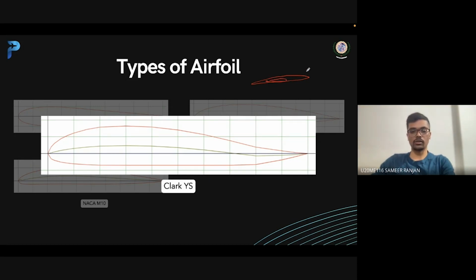As you can see, in some fighter jets there is no empennage, so no tail part. When any lift force is generated, to counterbalance this you need a tail part. But in some fighter jets we use these types of airfoils to counterbalance it, to self correct that nose down moment.